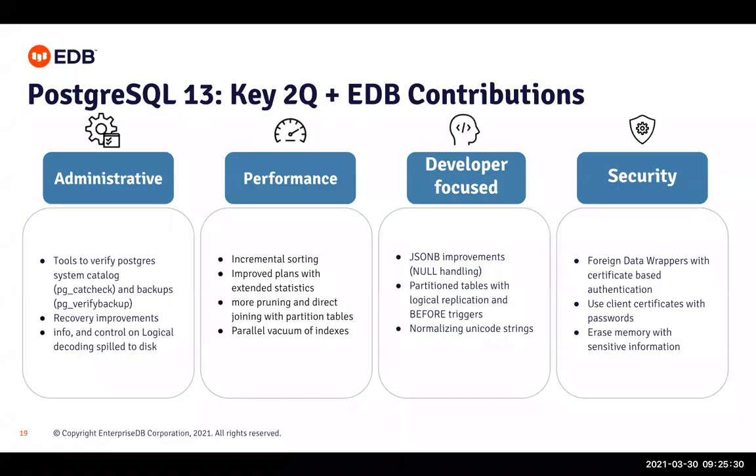Looking at the contributions from 2ndQuadrant and from EDB, on the administrative side, tools like pg_catcheck have an added feature that allows it to check for files from all relations. We've added pg_verifybackup, which checks your backup and ensures that you have everything that you need.